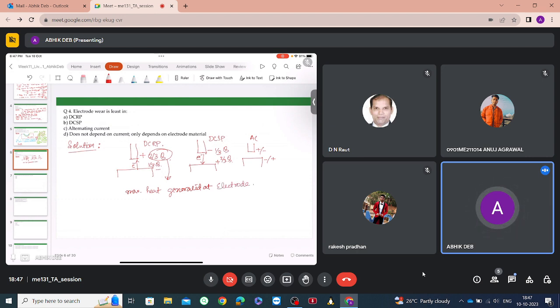So, more heat implies more wear of electrode. Okay. So, the electrode wear will be maximum in case of direct current reverse polarity. So, electrode wear is maximum for direct current reverse polarity. Okay.